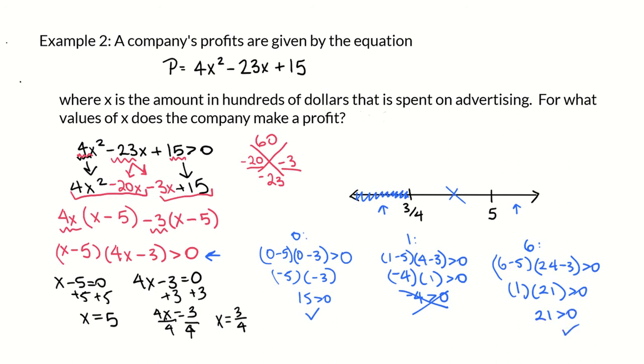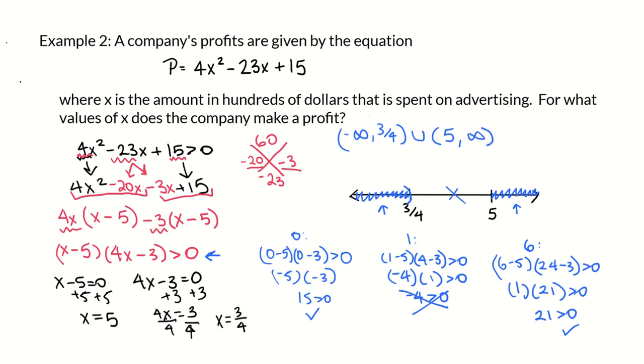Since 21 is greater than 0, this area of solutions does work. So now we write our solution from the number line: negative infinity up until 3/4, union 5 to infinity.